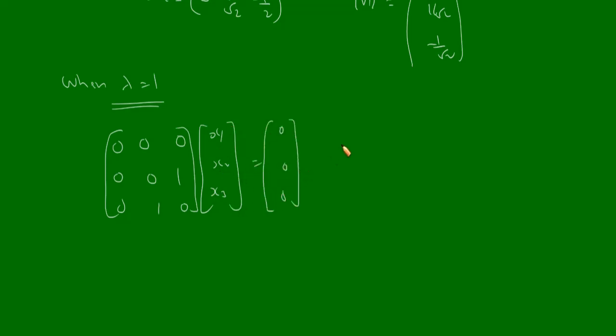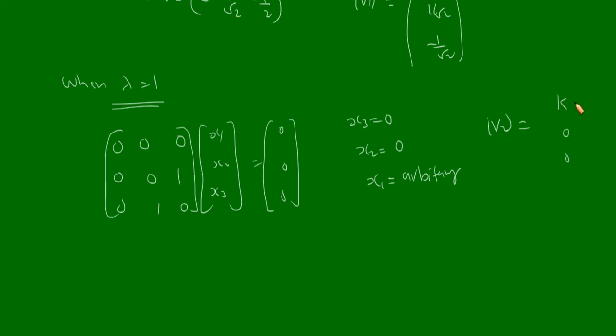Now if you expand this, the first equation has 0 into all terms, so it is 0. From the second equation you get x3 is equal to 0, and from the last equation you get x2 is equal to 0. And what is x1? x1 is arbitrary. The equation doesn't say anything about x1. So let us take R2, the second eigenvector R2, as k 0 0, with x1 arbitrary taken as k.